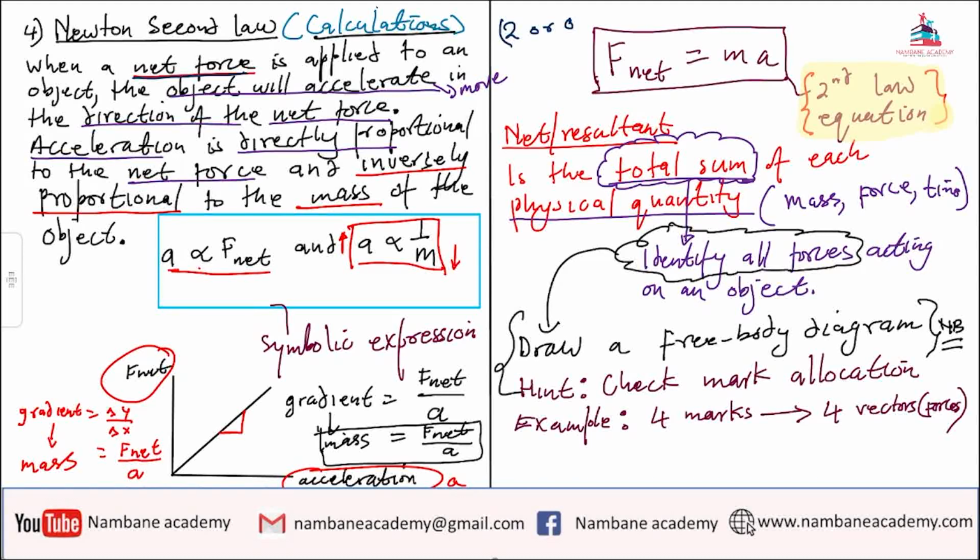So for an object to move, to accelerate, we need to have a net force. And that object will move in the direction of the net force. Acceleration is directly proportional to the net force, so if the net force increases, the acceleration will also increase.